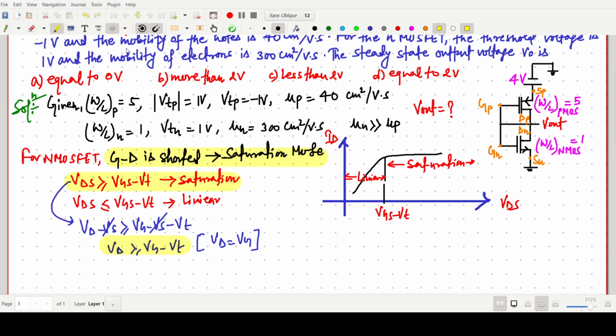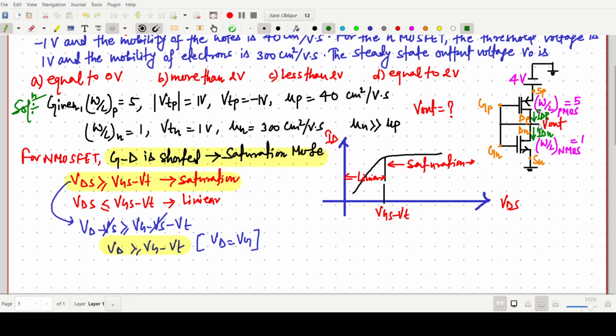So now the current flowing, I'm using green color here. This current, I am saying IDP, that is the drain current due to PMOS, and the drain current due to NMOS will be the same.